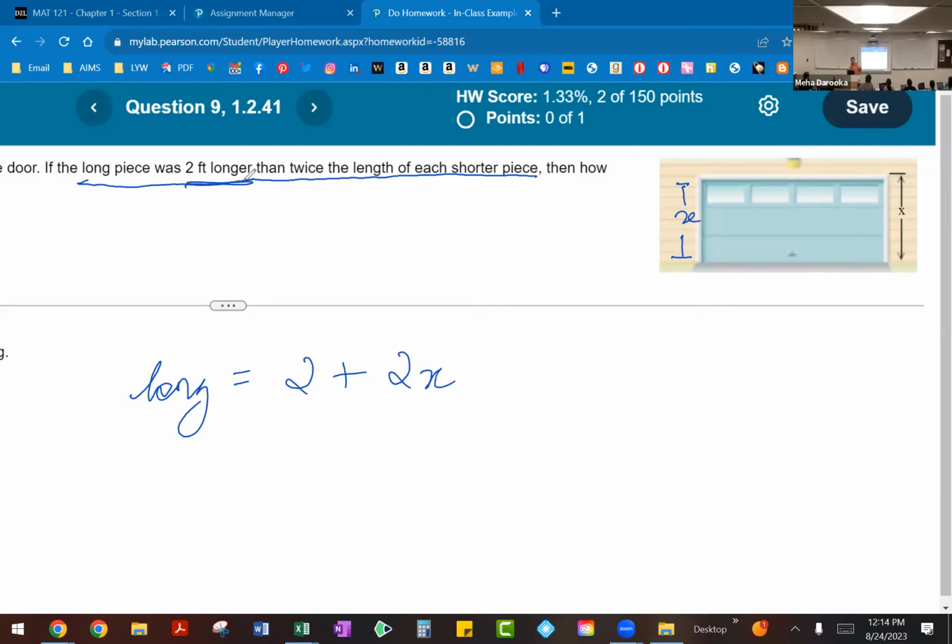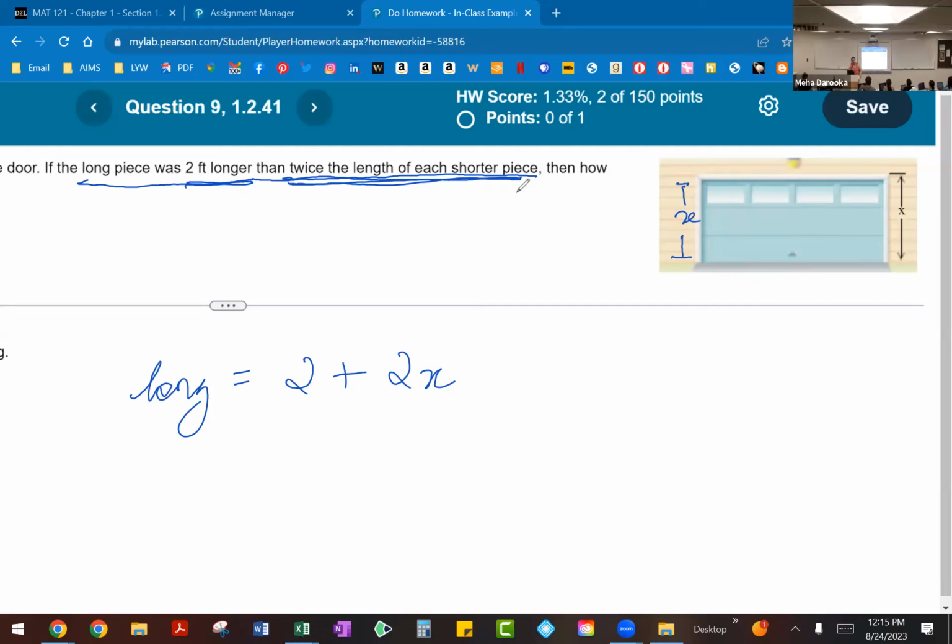Okay, so 2 feet longer, so that's the 2 plus, right? Because whatever the distance of the short piece is, this is going to be longer than that, so that's the 2 plus. And then they're telling you twice the length of each shorter piece, right? Each shorter piece is X, so that's twice the length of X plus 2 feet longer, so that's going to be your long piece.